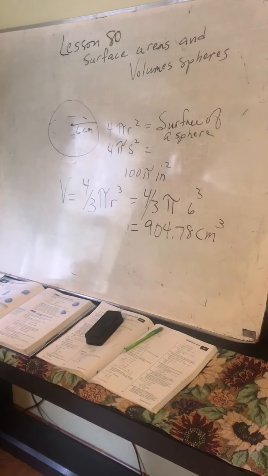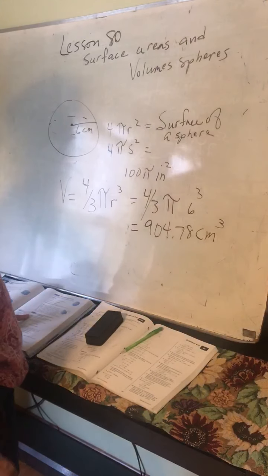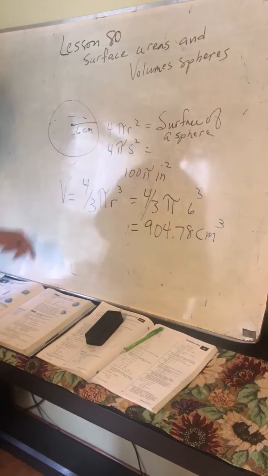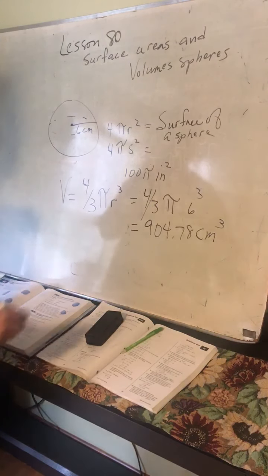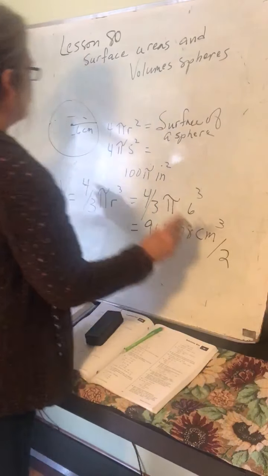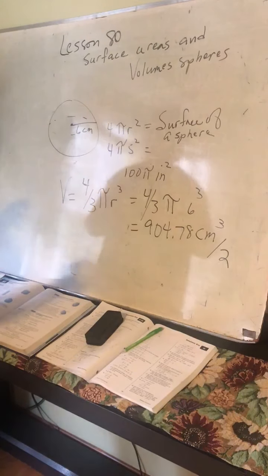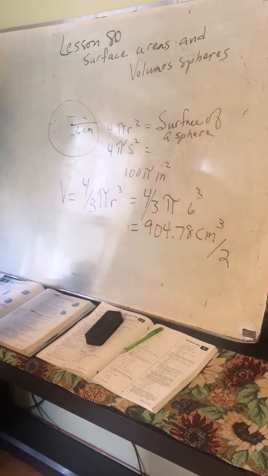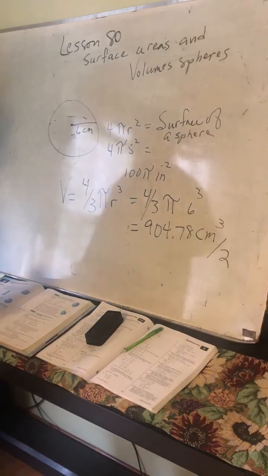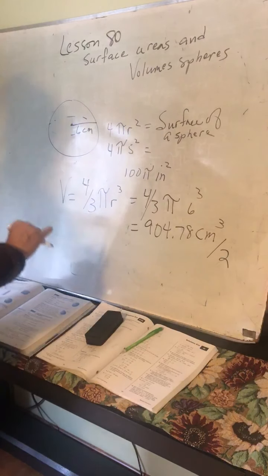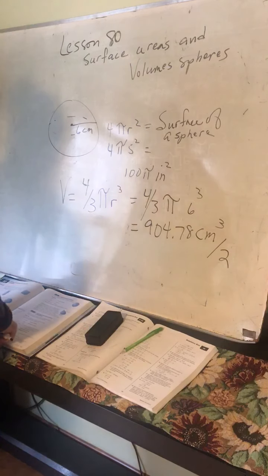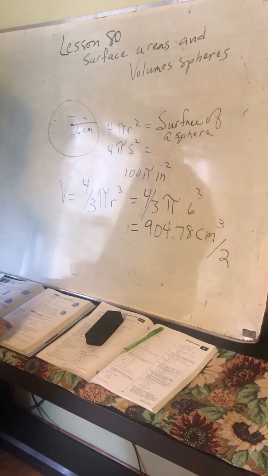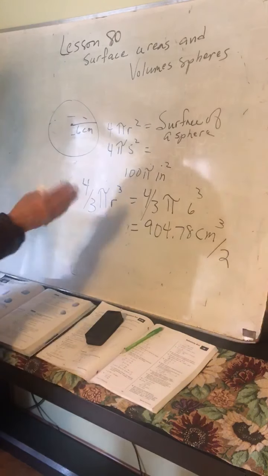And if they want a hemisphere, you just divide this by 2. You figure the whole sphere, and then you cut it in half if they're asking for the volume of a hemisphere. To find the surface area of a hemisphere, you do the same thing.